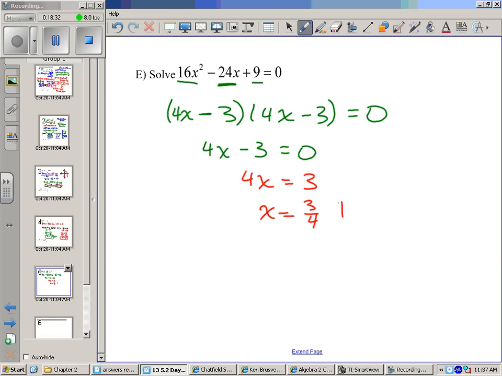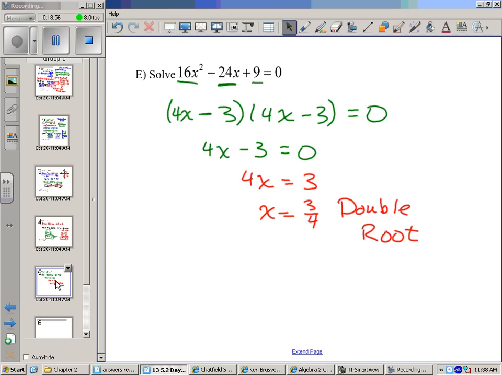I know that this is a double root. That means it happens twice. That means that this is actually part of my vertex. The vertex is actually hitting the x-axis. My root, my x-intercept, and my 0, all the same three phrases, are all at 3/4.